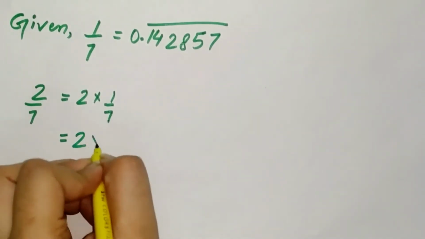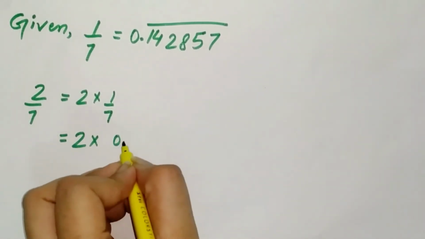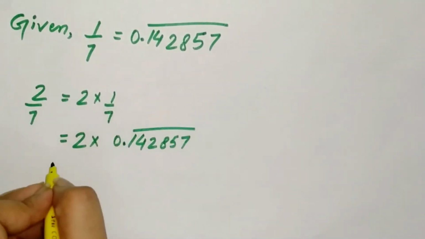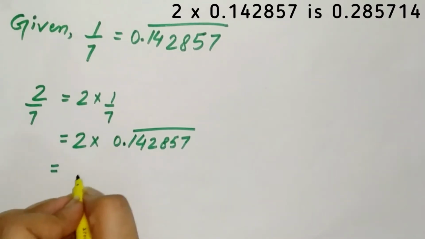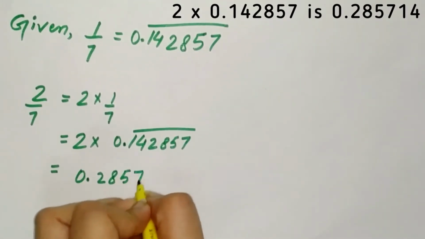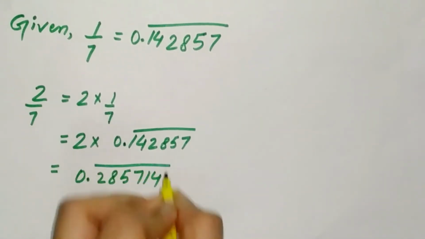or 2 multiply 0.142857 bar, which is equal to 0.285714 bar.